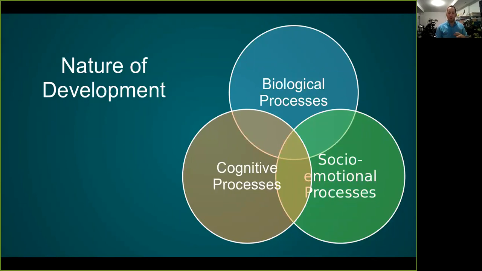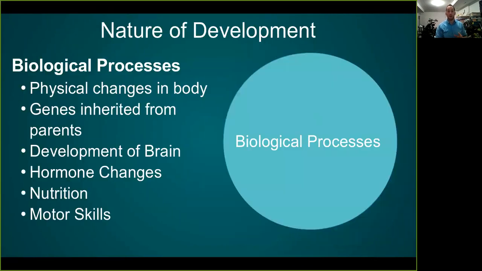But remember, just like that diagram of all the circles working together, development is kind of all the things. At all times we have biological processes, cognitive processes, and socio-emotional processes that are all affecting us. So biological means physical changes in the body. Puberty, for example, is a biological process, but it affects socio-emotional and cognitive processes.